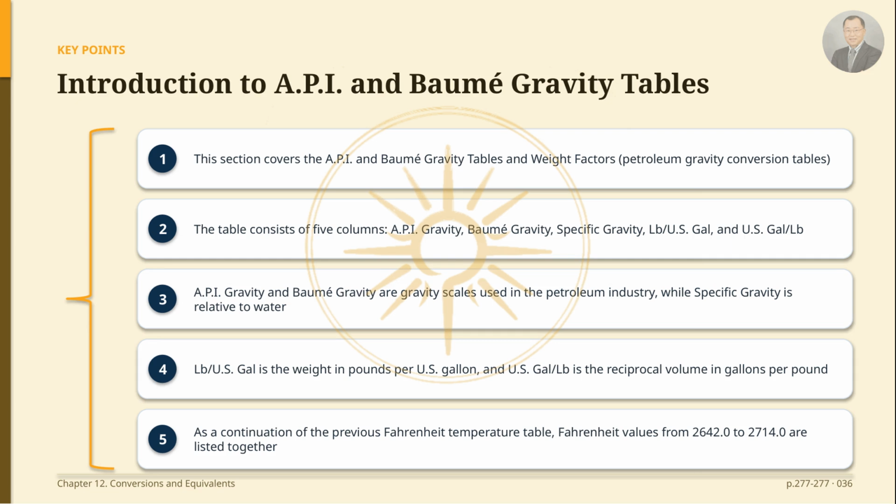And Fahrenheit temperature values from 2642.0 to 2714.0 are also provided. Rather than memorizing all the values, please use this as a reference material by first selecting the gravity scale needed for actual design or calculation and then finding the appropriate conversion factor.